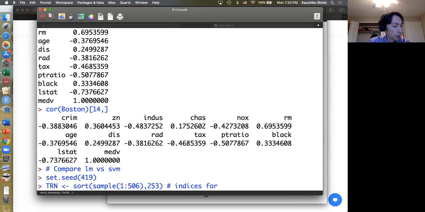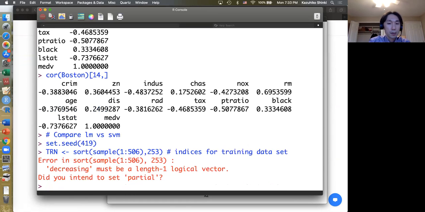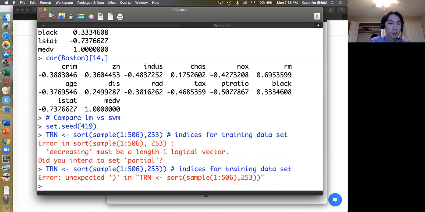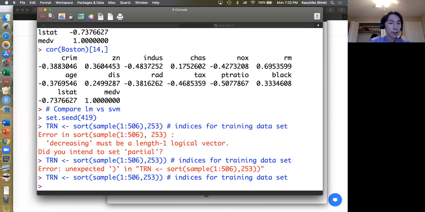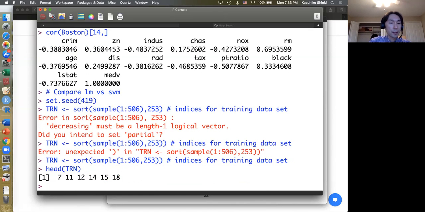These are the indices for the training data set: a random 253 observations from 1 to 506. And the test data set is the remaining observations, the set difference of 1 to 506 and the training set.